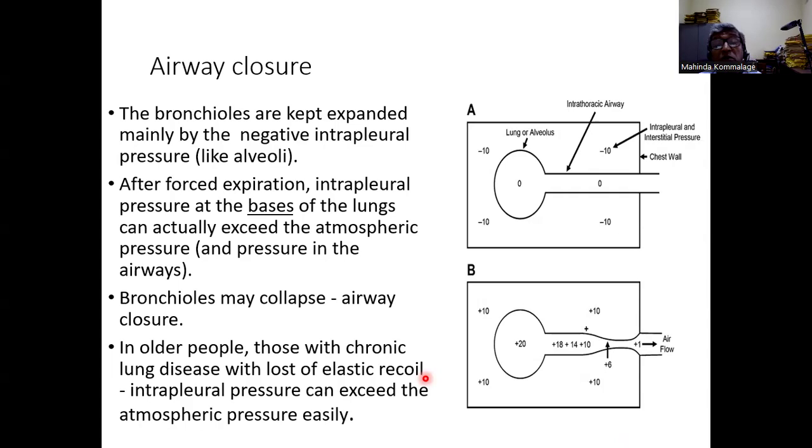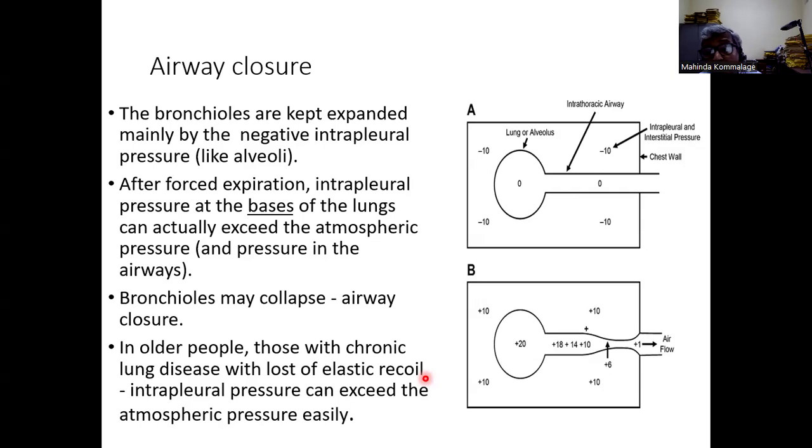We try to increase interpleural pressure, and if we put extra effort into forceful expiration, we try to empty, and this interpleural pressure can increase considerably.